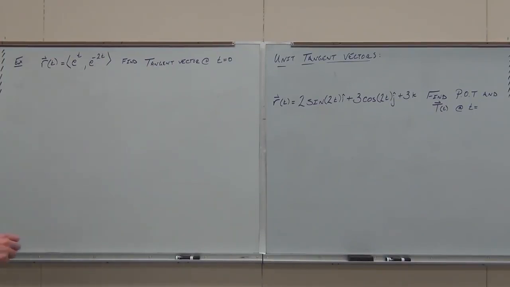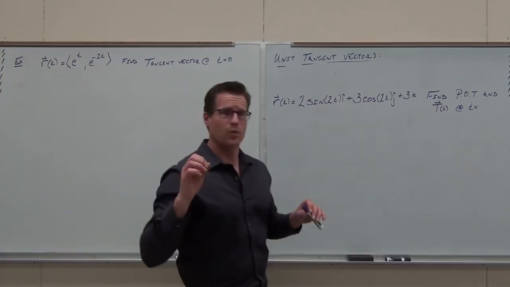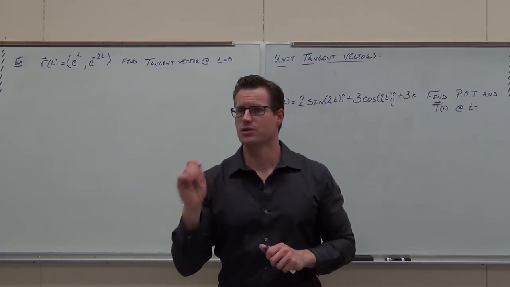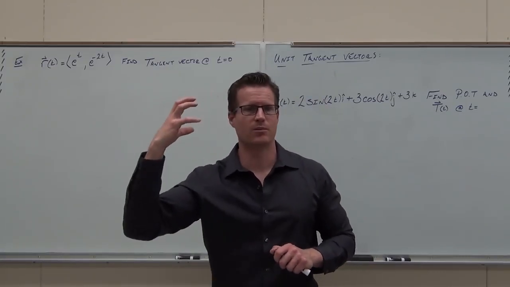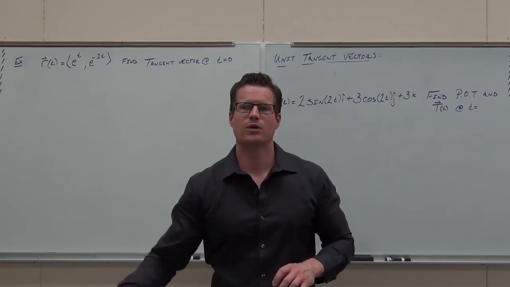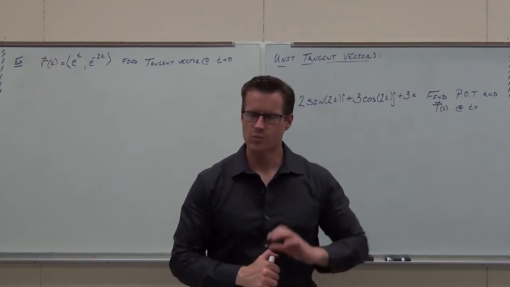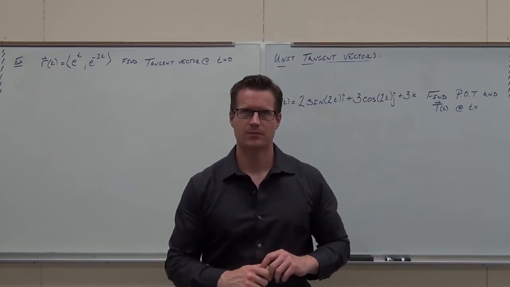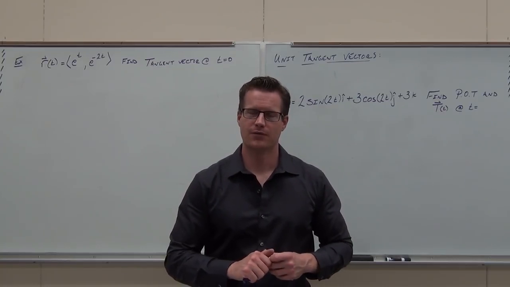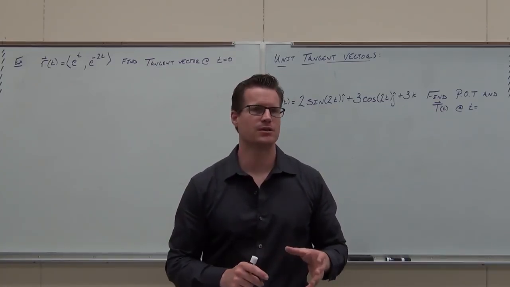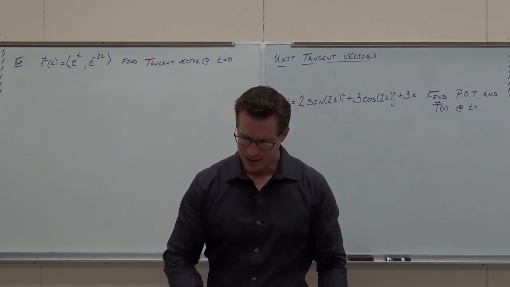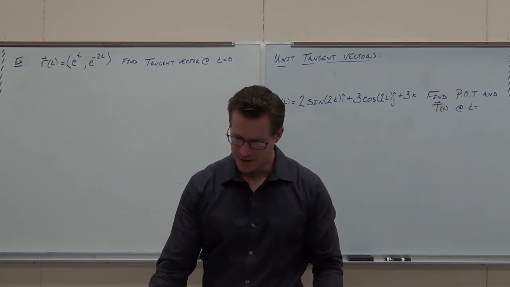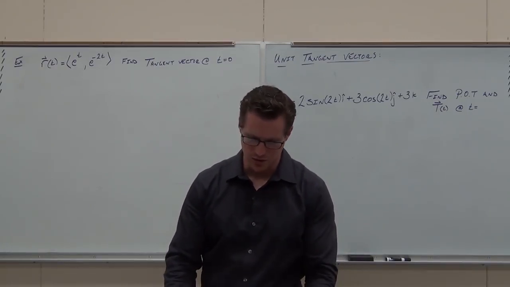Okay, so like I said, one more of these examples. We're going to go pretty quick through it. I just want to make sure that you can do it. Hopefully it's sunk in a little bit more in your heads. We'll talk about what a unit tangent vector is, then tangent lines to space curves, and we'll do two examples.